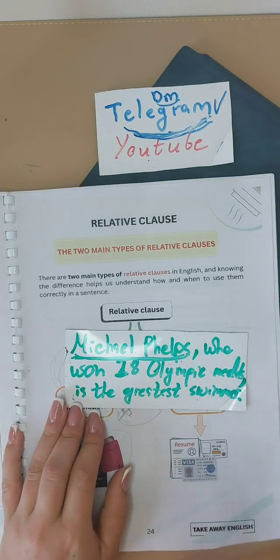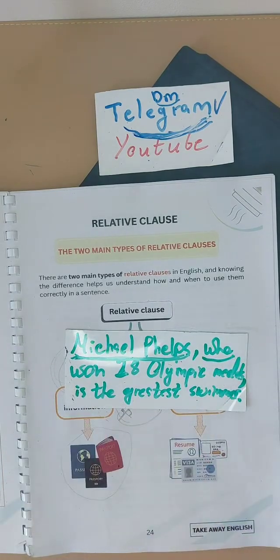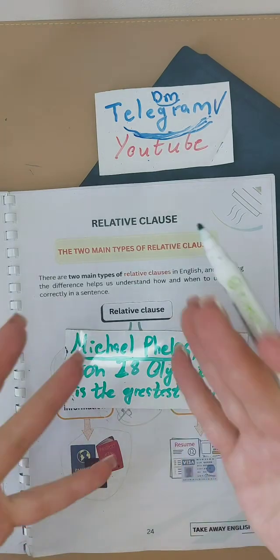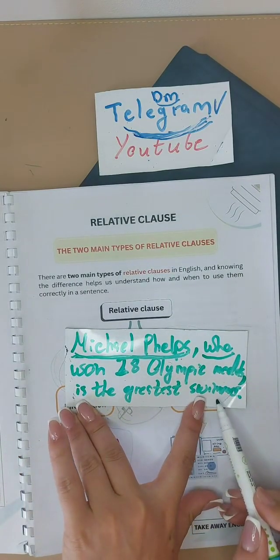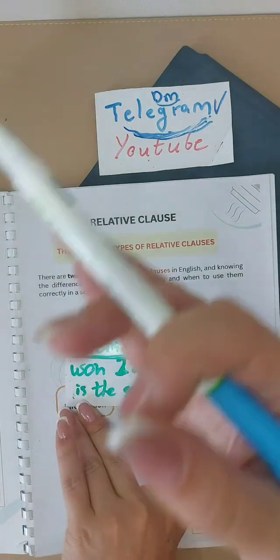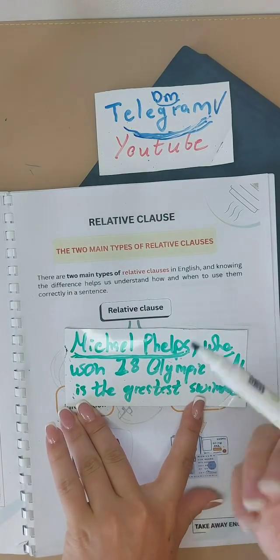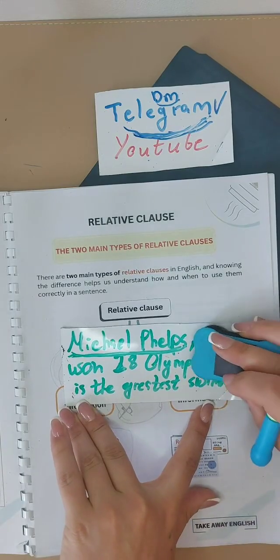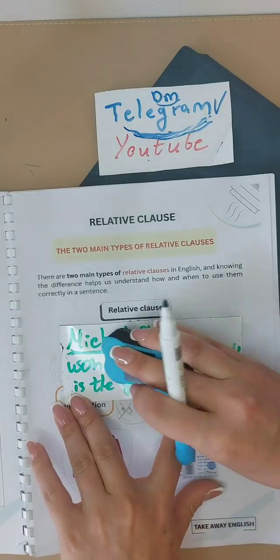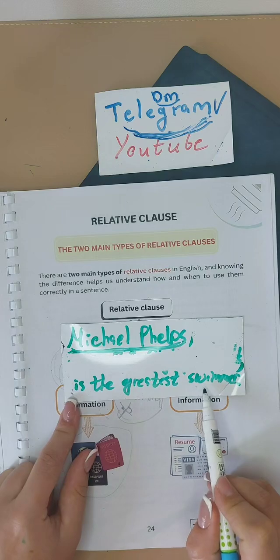It's a grammar rule, okay? And of course, here we can add extra information saying that he won 28 Olympic medals. Of course, he is the greatest swimmer. So Michael Phelps, by the way, he won 28 Olympic medals, extra information, optional, is the greatest swimmer. Even without this information, the sentence still makes sense. Michael Phelps is the greatest swimmer. Okay?